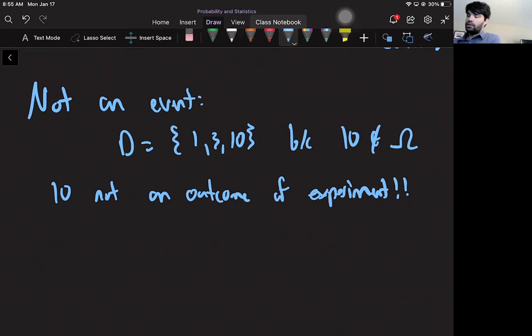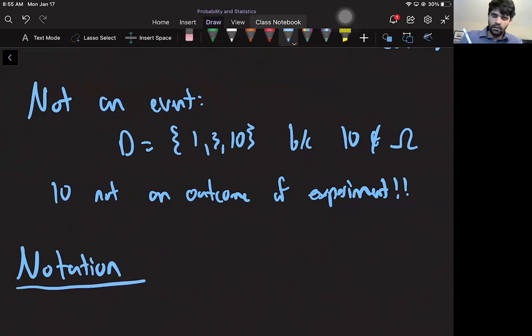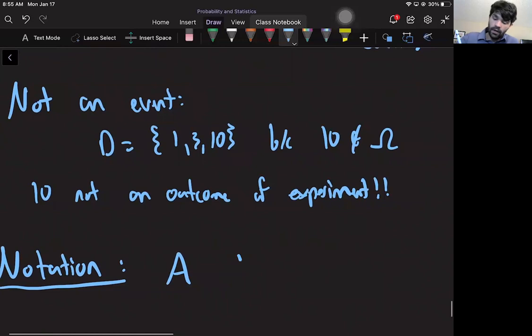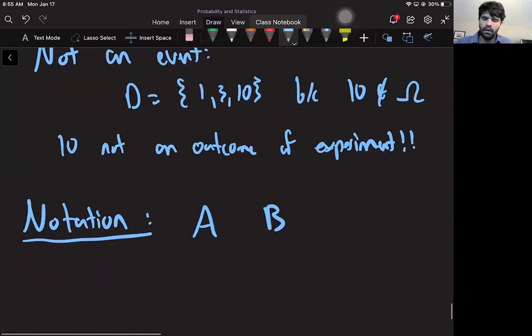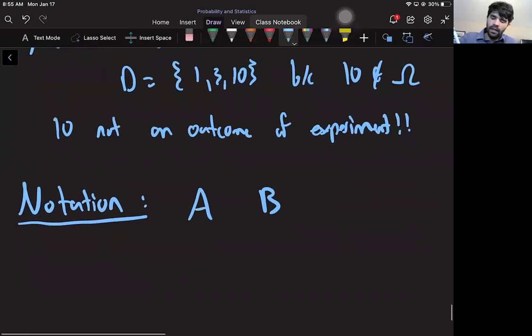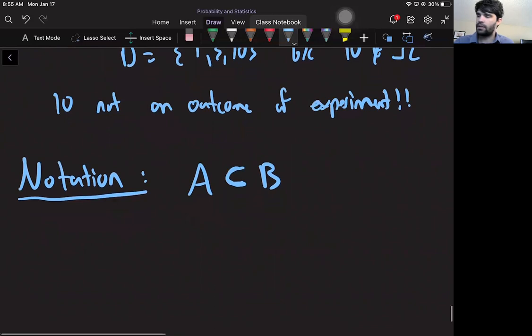So there is some notation for subsets that we're going to use. You write one set and then you write another set, and you put this sort of curvy less than sign, just like a C. You could look up subset notation online to see a better drawn one than I can draw, but it just looks something like this.